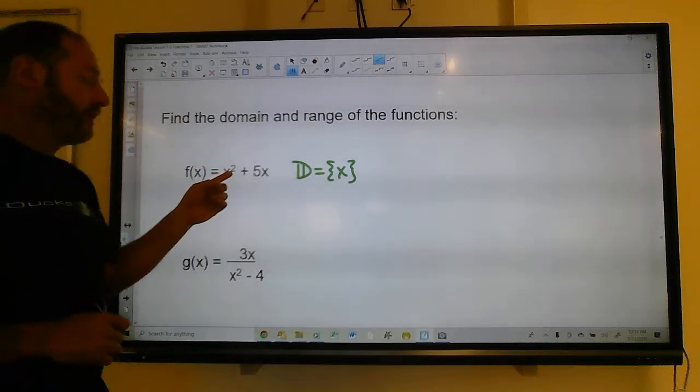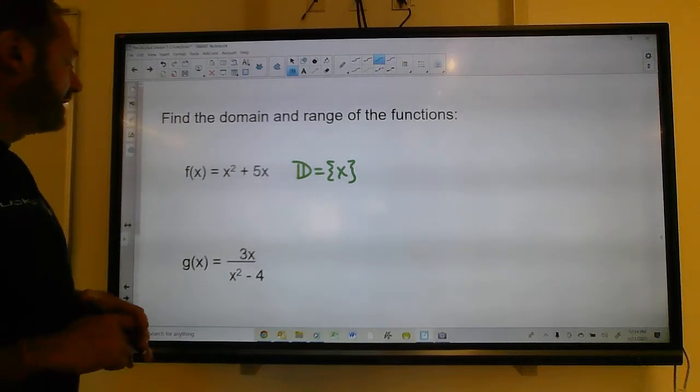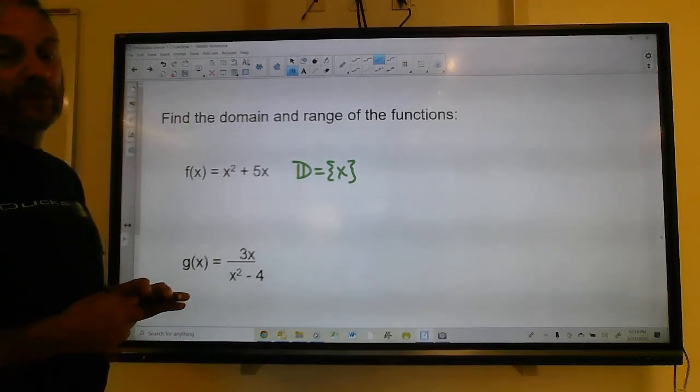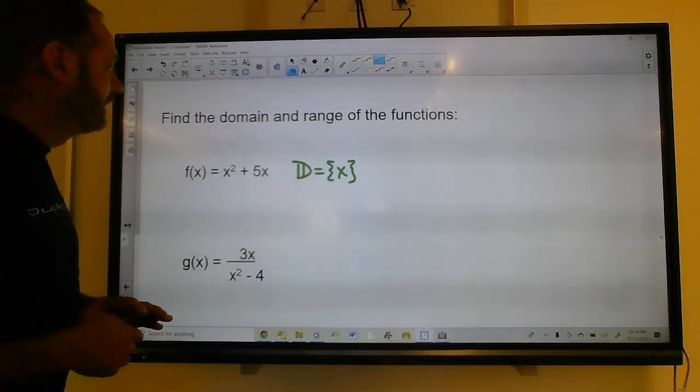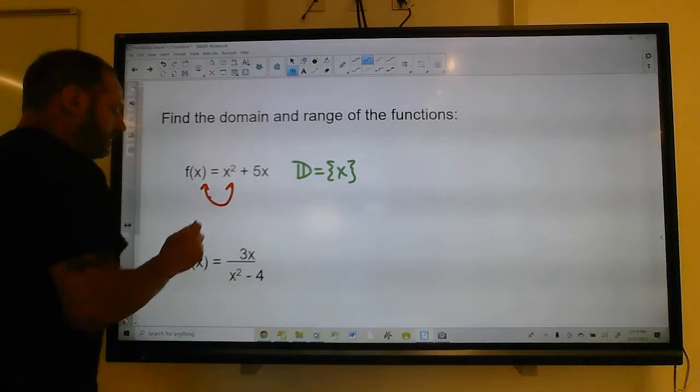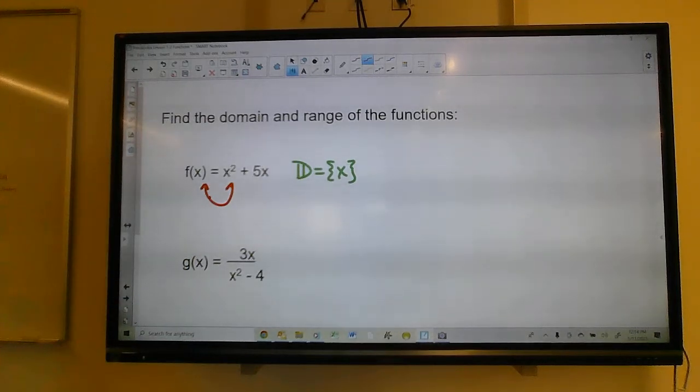Now, this is an x squared, it's a second degree polynomial, so this thing is a parabola. So it's going to look something like this, which means it's going to have a bottom, so the range is not going to be all real numbers. So I just have to figure out what the range is.